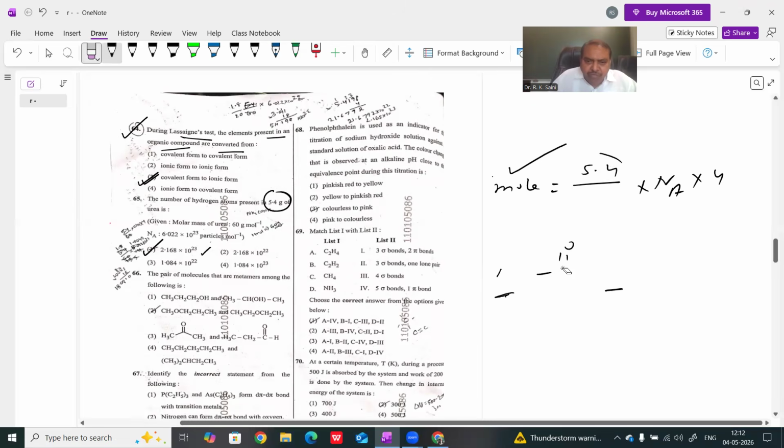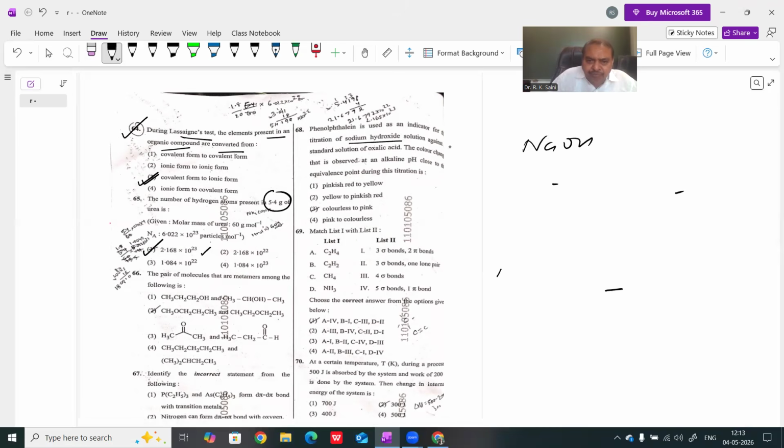Solve this question. Next question, number 68. Phenolphthalein is used as an indicator for titration of sodium hydroxide, NaOH, against a saturated solution of oxalic acid, meaning weak acid and strong base. Thus, the color is obtained in alkaline pH.